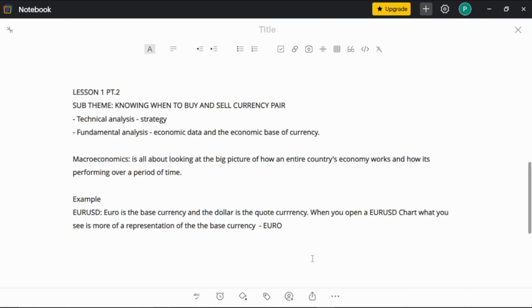If the American currency is performing well as opposed to the European euro, or the American economy has a better economic index, a positive outlook, as opposed to the European region, and the economy of Europe and the countries that contribute to the movement and the usage of the euro, what do you expect to do in that kind of scenario? You're obviously going to short the euro because the euro is weak. So you sell the euro because it is weak.